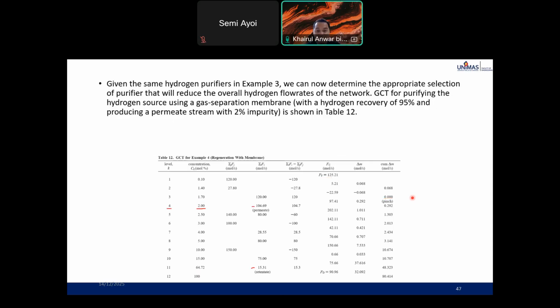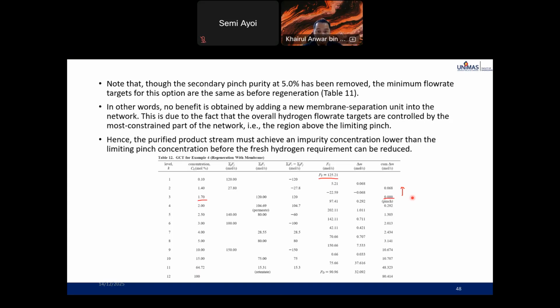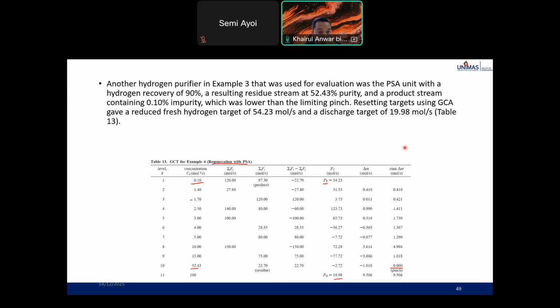Once we use membrane, then there is no secondary pinch. How about using PSA?